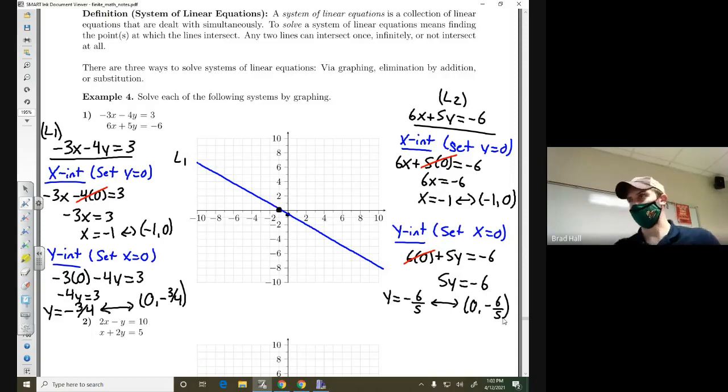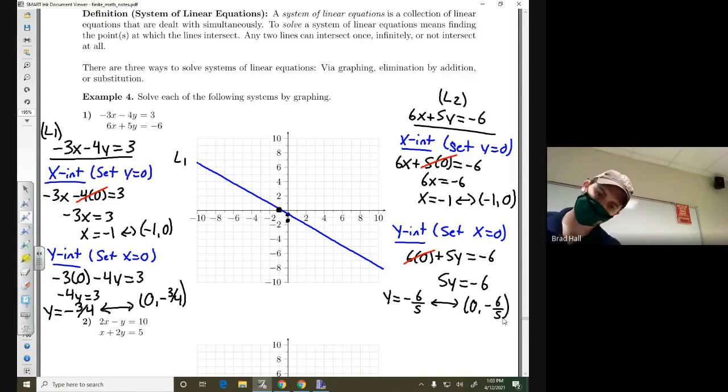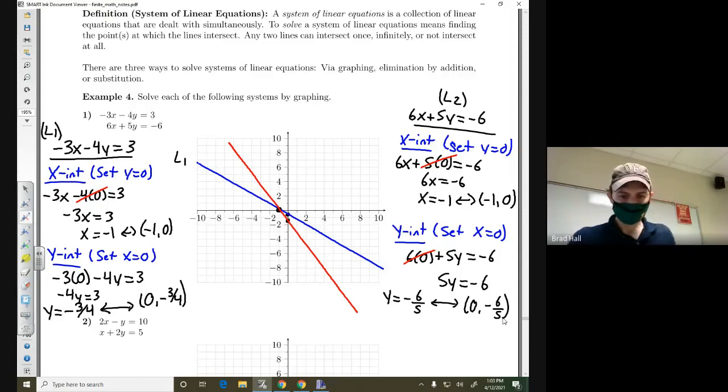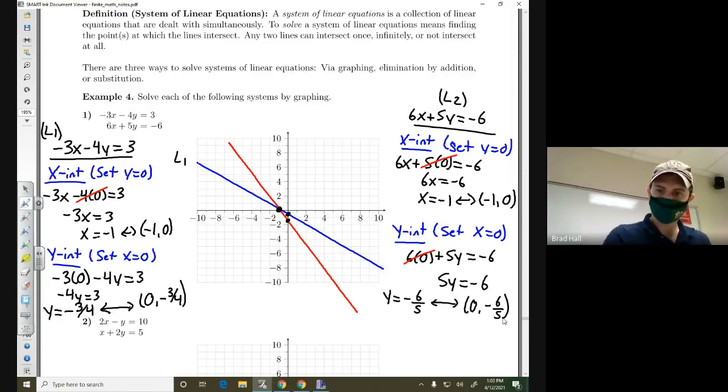How do we plot -6/5? That's -1.2. I would go about right here. And I'll use red to distinguish this line from the first one. So let's see. About this will be line 2.